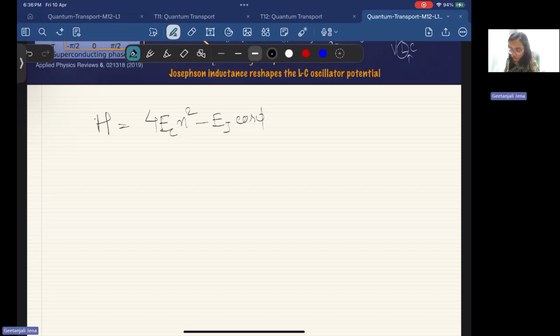But for a more practical situation, it's not like n is a constant, and it also varies with φ. So there is a more realistic relation.